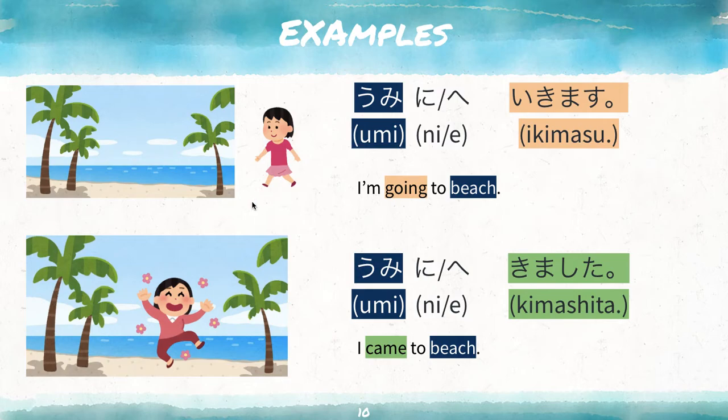But if you just arrived there, you would say 海に来ました. So it's a little bit tricky to distinguish 行きます, 行きました and 来ました, but this is how it transforms.